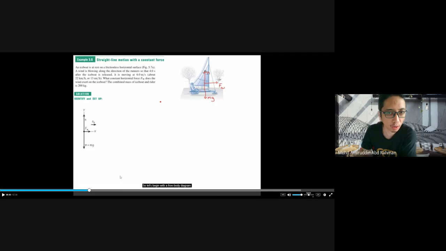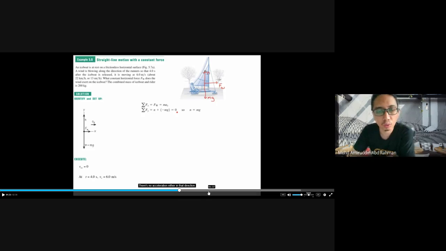So we have the x and y components over there. And then the initial velocity v naught x is equal to 0. And then at time t equals 4 seconds, we have vx equals 6 meters per second.